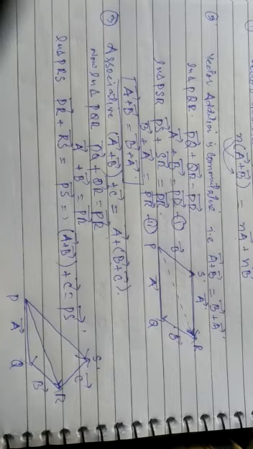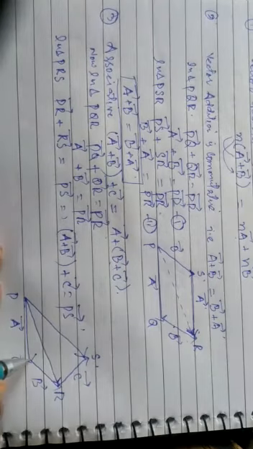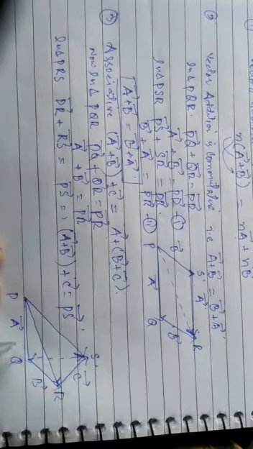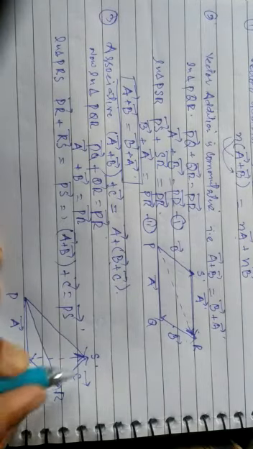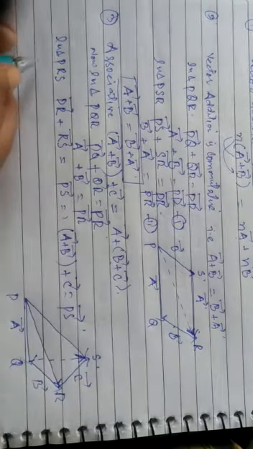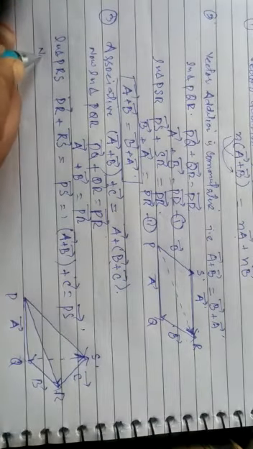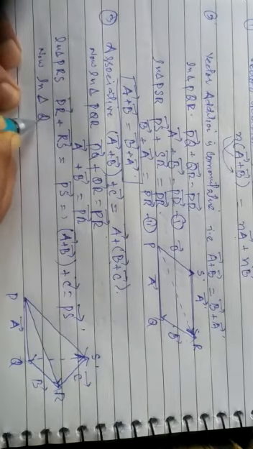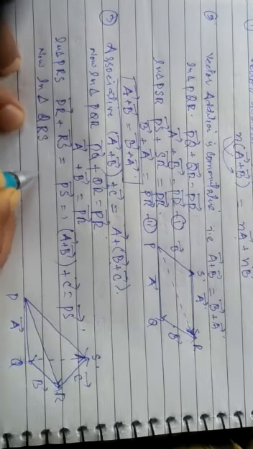Now again in this triangle, looking at the figure, if I join this and this like this, can I say in triangle QRS, B plus C is equal to this? Now in triangle QRS, what do we have?